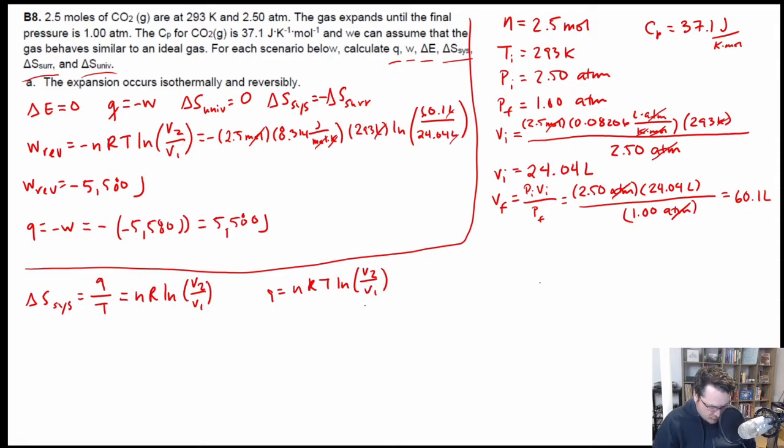The reason we know that is because it's going to be equal to the negative of the reversible work, and that starts off with a negative right there. So if we just cancel those out, we don't have to worry about that. This is just a shortcut so we don't have to plug a whole bunch of things in. We just have to plug in our Q value and divide that by the temperature in this case.